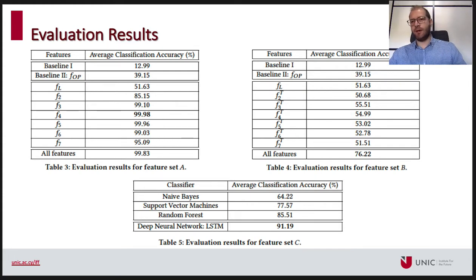On the other hand, table 4 includes again the average classification accuracy for our second feature set, but this time we're reporting the accuracy using feature 4 with other machine learning algorithms.